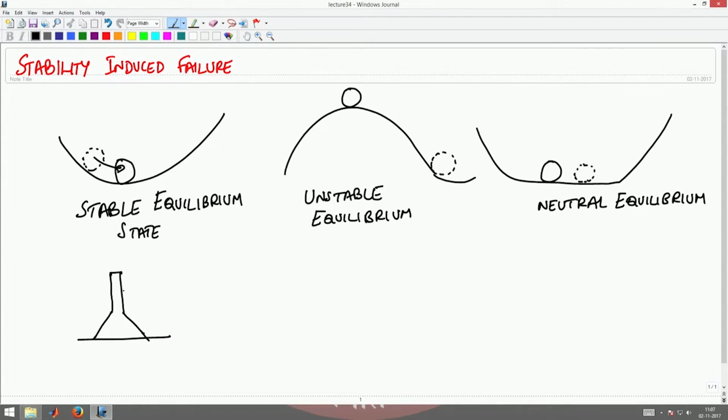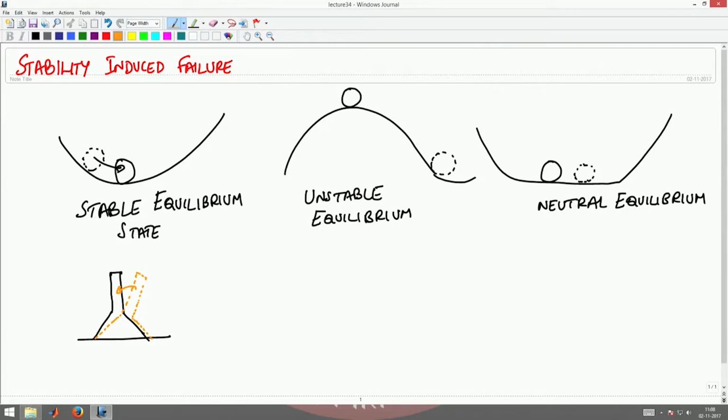If I tap this funnel to occupy some position like this, some position like that, then it will restore back to its original state, because there is a corresponding moment which will help it come back to its original state.